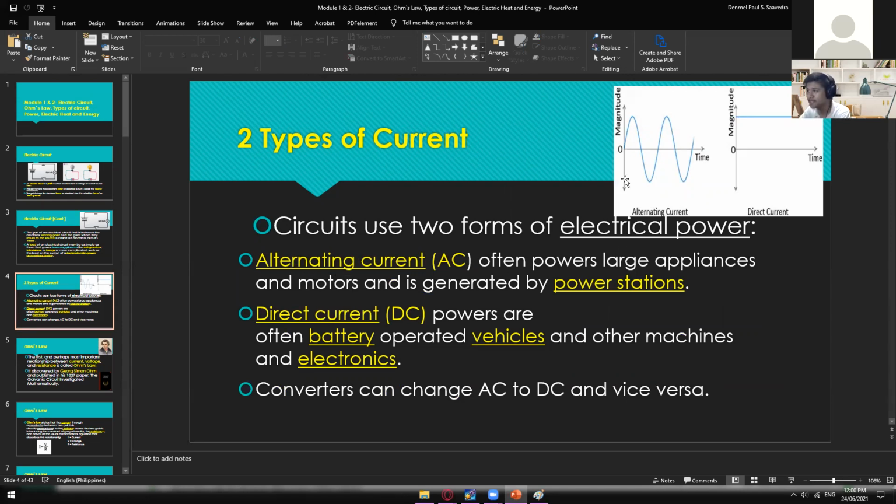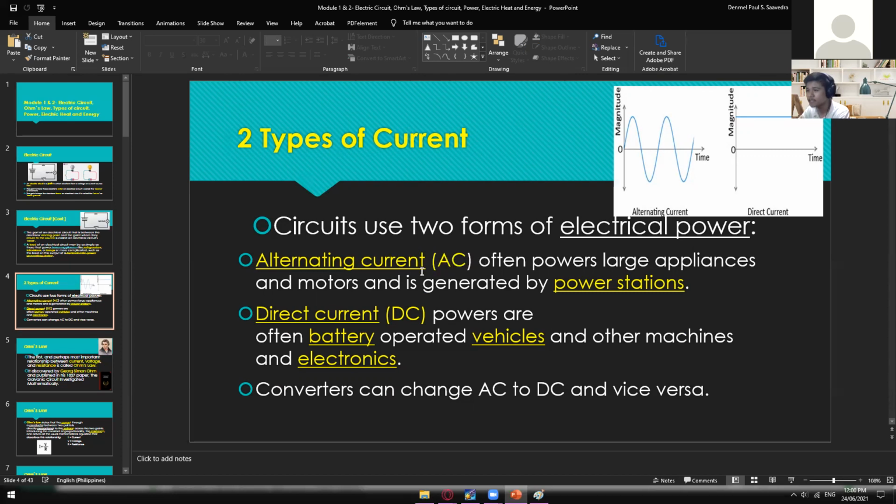AC is alternating current, alternating from positive to negative, and then positive again to negative. Direct current, as the name says, has only one direction of flow, so it could be positive only or negative only. That's the representation of AC and DC.